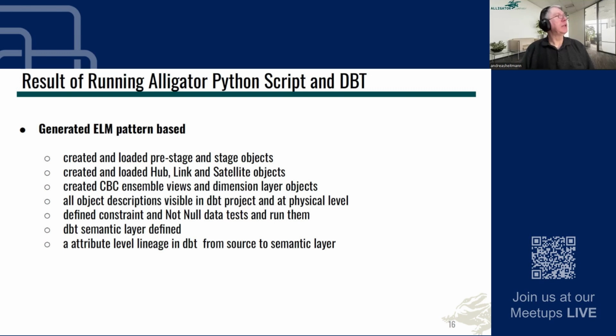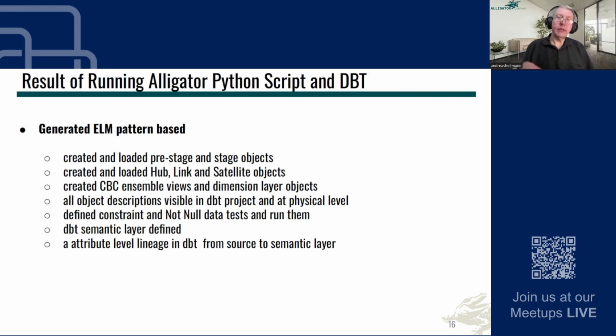You create and load the hub, link, satellite automatically. You create the CBC ensemble views and the dimension layer. All objects in your Elm model and the descriptions are visible in the DBT project and also at the physical level.